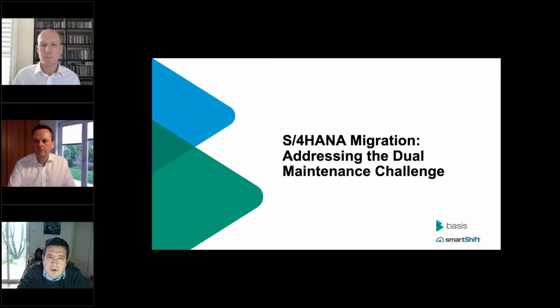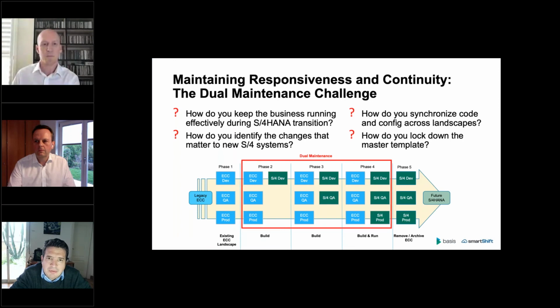Sure. So let's move to the next slide. What I wanted to do first was just to make sure everyone had a common understanding of what we mean by dual maintenance.